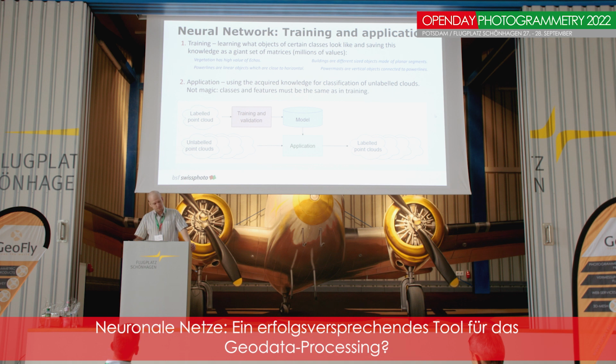And this information can be something like vegetation is something with high values of echoes, or power lines are linear objects which are close to horizontal. Application step is using of the acquired knowledge for classification of unlabeled clouds. However, this is not magic. Classes and features must be the same as in the training step.